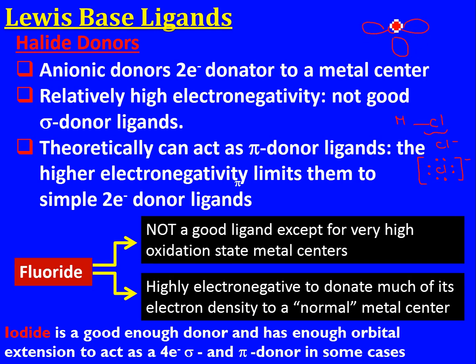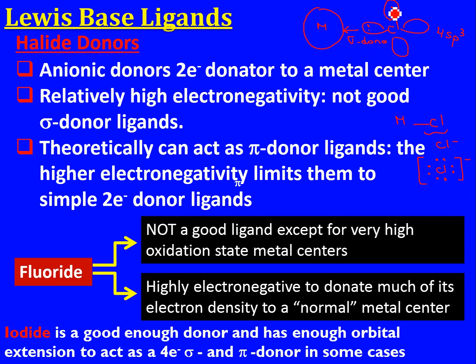And we have 4 sp3 hybrid orbitals. And the metal center has orbitals in all directions. So, from this lone pair to the metal center, this is a sigma donor.